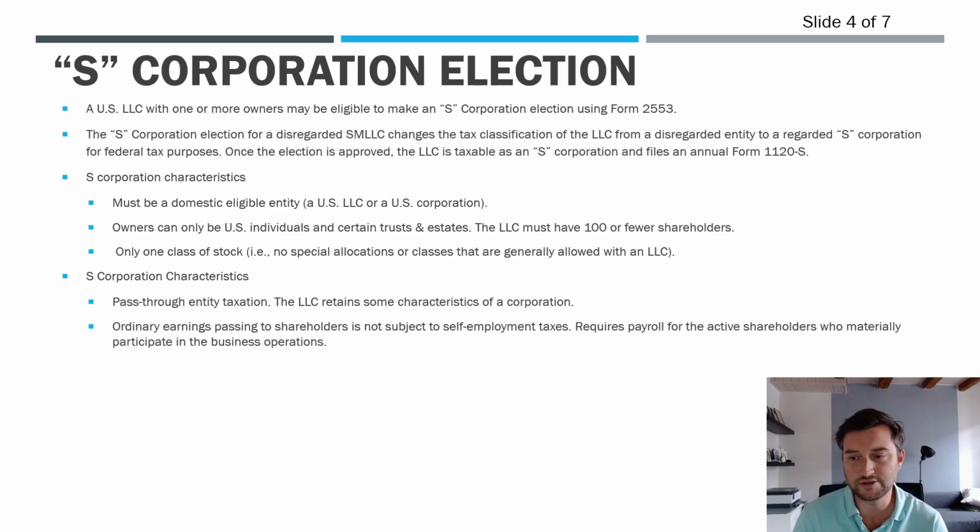By making this election, the earnings are no longer subject to self-employment taxes, but you do have to do a bit more work, right? You've got to set up payroll for the owners that are actively participating in the business. That's beyond the scope of this video, but that's something to keep in mind if you go that S Corp route.